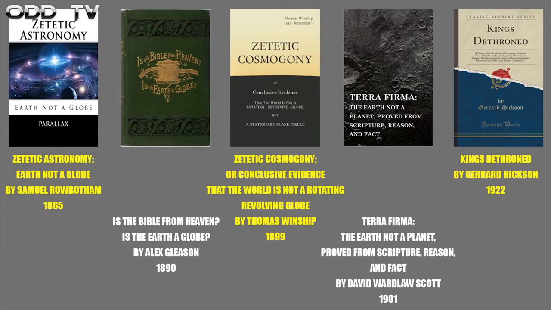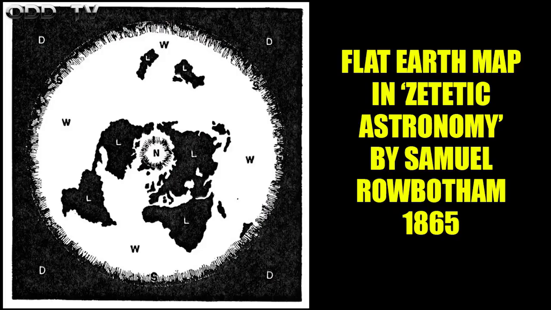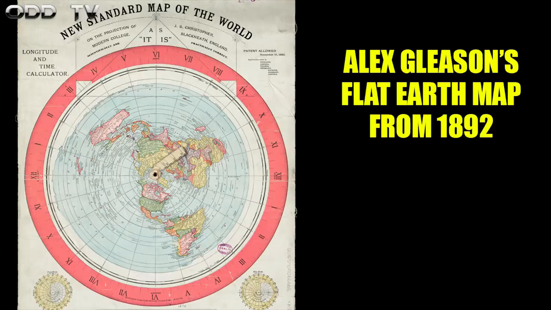We have Zetetic Cosmogony from 1899, Terra Firma, Earth Not a Planet from 1901, and so on. If you go to the website archive.org, you can find all of these and many more to download for free. Here's a flat Earth map in Samuel Rowbotham's book Zetetic Astronomy. Here's Alexander Gleason's flat Earth map, one of the most popular to this day.